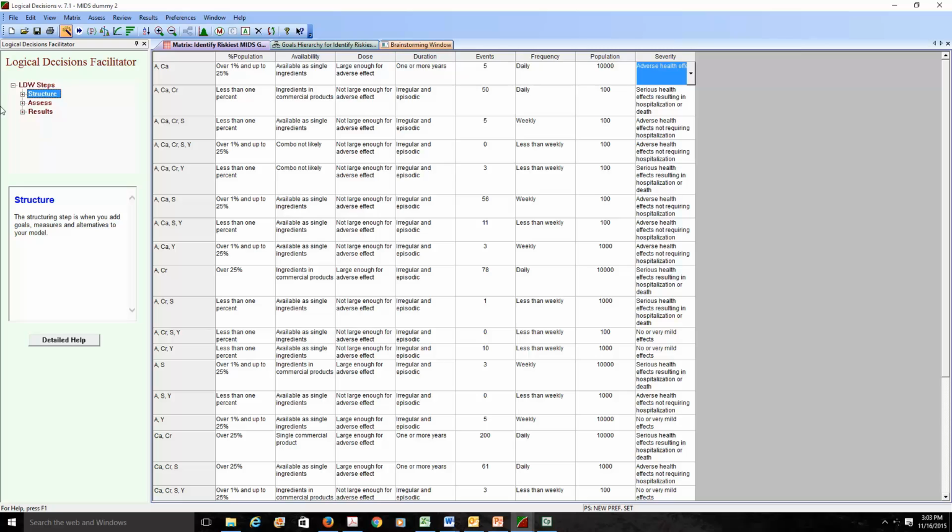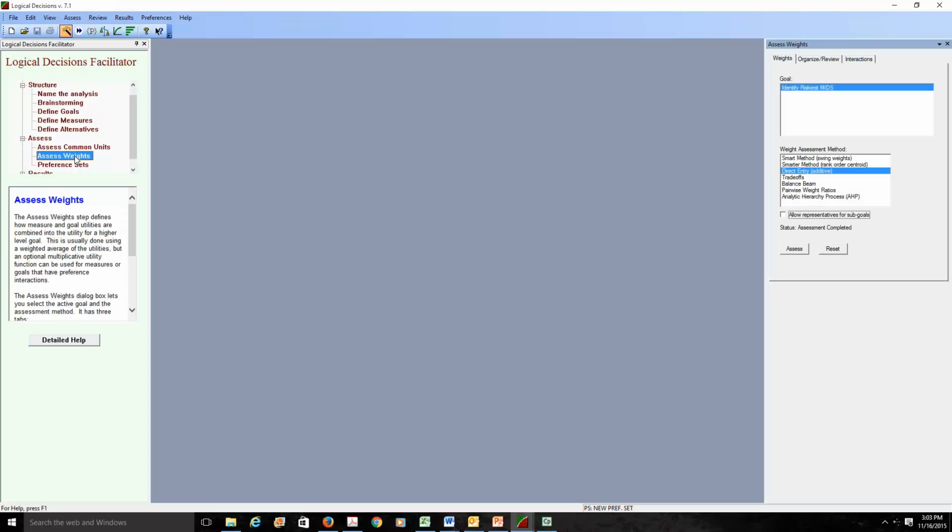Now, where this software differs is it is a bit more sophisticated, and so it does allow us to do a good bit more work than what you see in the simple method. Once we have the criteria and the evidence for the criteria, the most critical measure then becomes the weights that we would assign to the criteria.